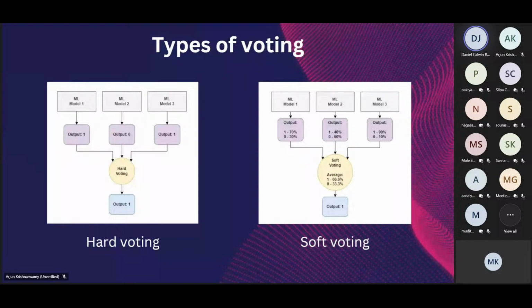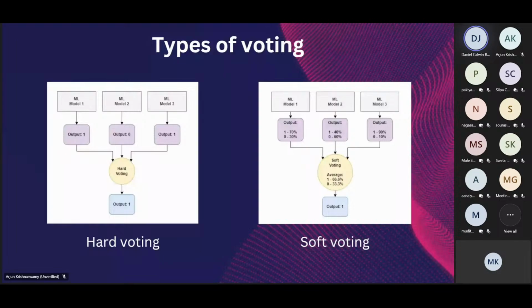Whereas in soft voting, it's a bit more subtle. Instead of giving a straight answer, each model gives us a probability of the outputs. We take the average of those probabilities and consider which has a higher probability percentage. From that, we design the final output.